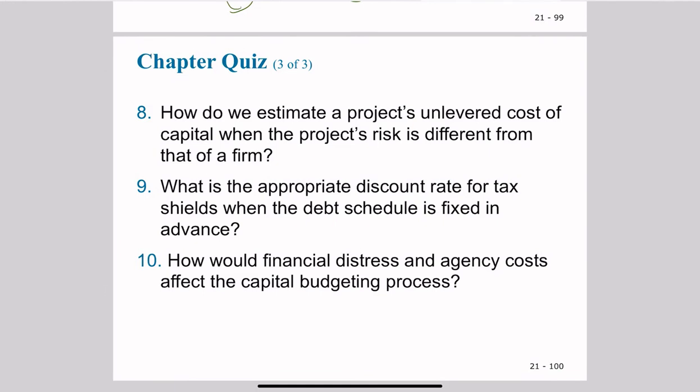And then you will have to think about how the project's risk will be increased because of the financial distress, so you will have to adjust your cost of capital in a proper way. Okay, that's for chapter 21.